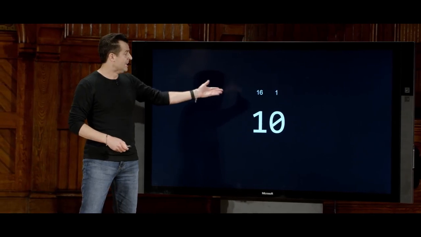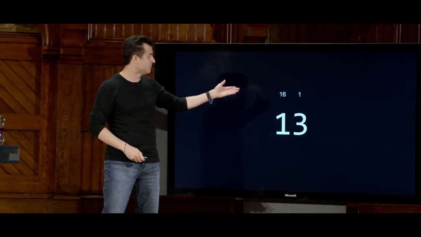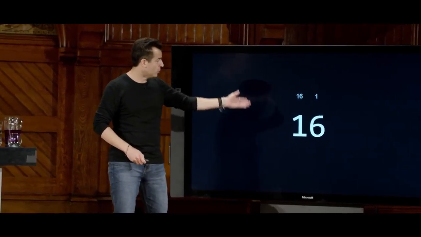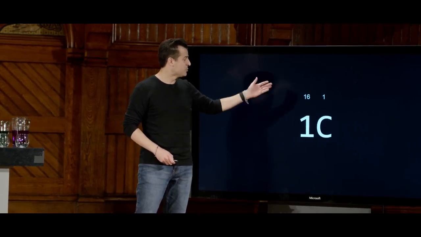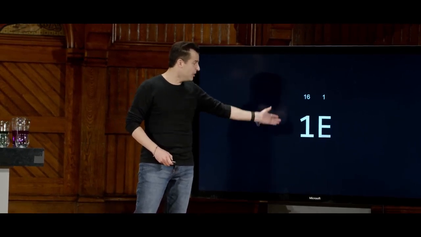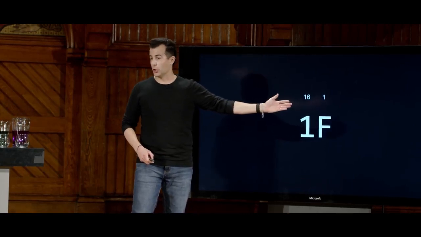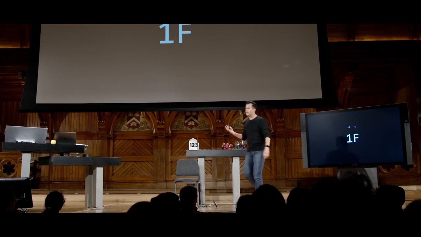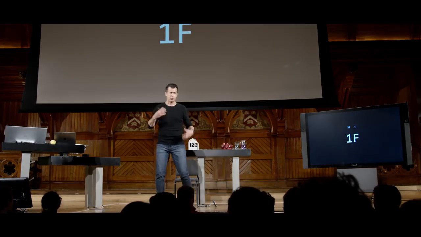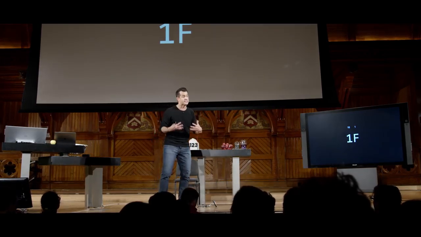If this is 16, this is 17, 18, 19, 20, 21, 22, 23, 24, 25, 26, 27, 28, 29, 30, 31. And once you need 32, that's going to require another digit, if you will. So very low level, and none of us on staff really think in hexadecimal. You'll just see things in hexadecimal.